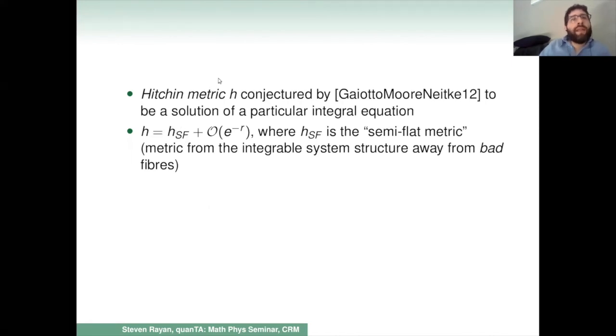I guess to this day, it would be fair to say that no one has written down on a compact Calabi-Yau manifold a non-trivial Calabi-Yau metric explicitly. For these non-compact ones, this is an example where you can almost write down the metric explicitly. So the Hitchin metric is not too far away from the semi-flat metric.